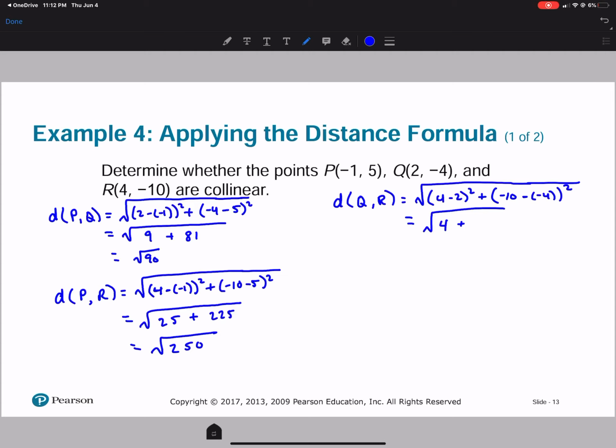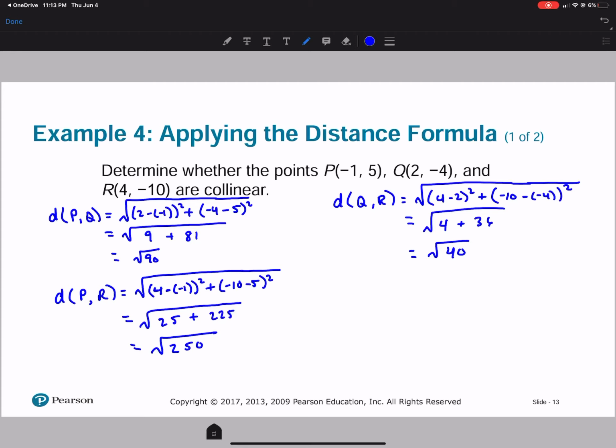Then we have plus negative 10 plus 4, which is going to give me negative 6, so negative 6 squared is going to be 36. Therefore, I'm going to get the square root of 40.